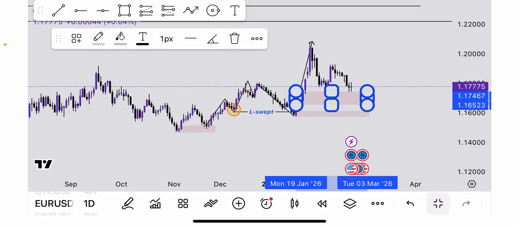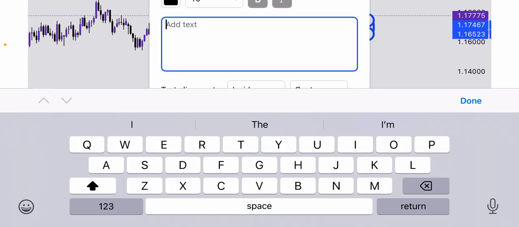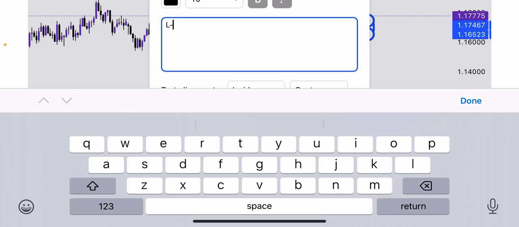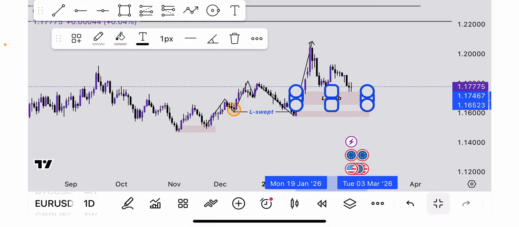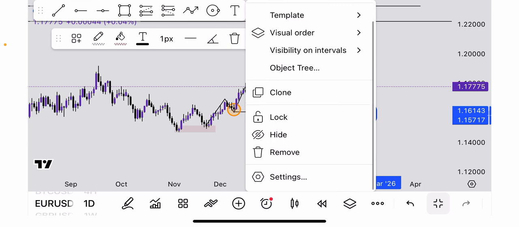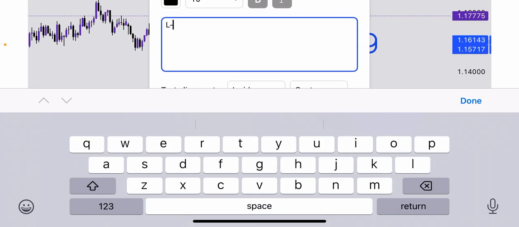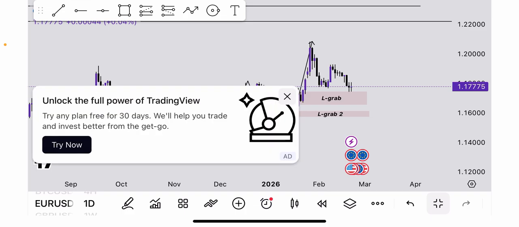Here is the first liquidity. Every market grabs some orders. About the first liquidity, then here is the second one.